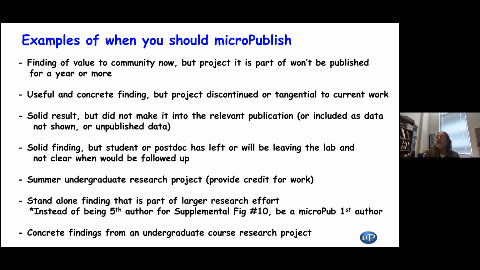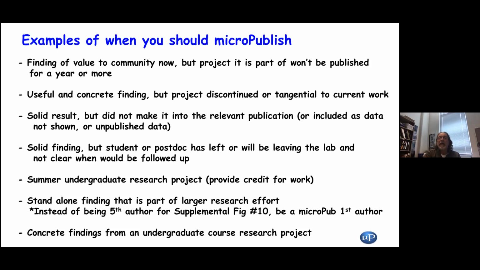And if you want to start getting cited for that now, or you're worried about being scooped for that result, then you should go ahead and think about micropublication of that. That result can be included in your large publication as a citation showing, yes, we developed this transgene to allow expression, and then you make a citation for it, for example.